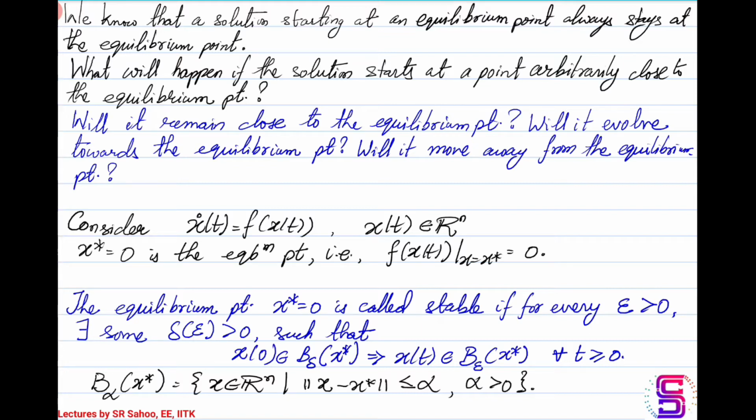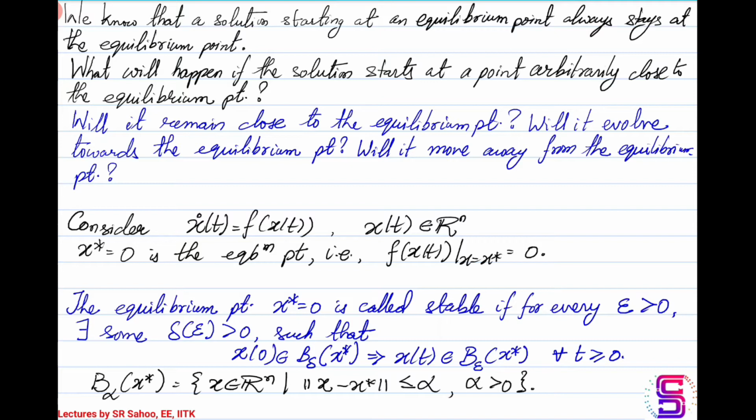Will it have a tendency to move towards the equilibrium point? Or will it have a tendency to move away from the equilibrium point? So we'll try to see these. Okay, and these are the notions that will actually help us in establishing the definition for stability.